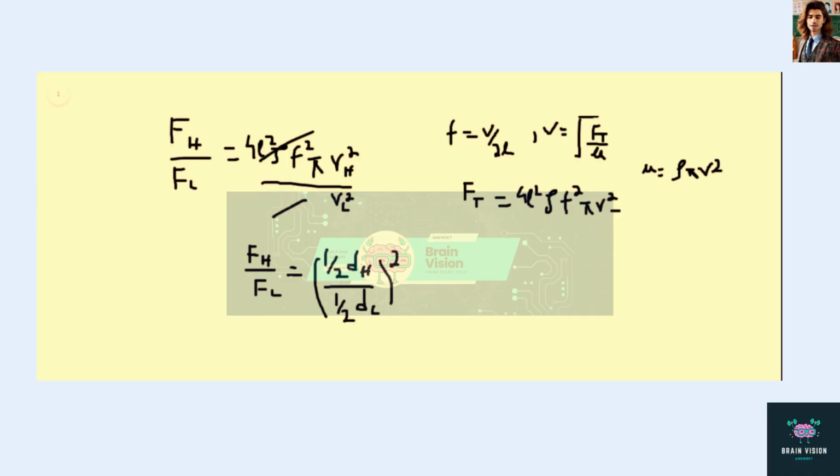We will plug those values in and simplify. Then the ratio we get between these two forces is 1.70.